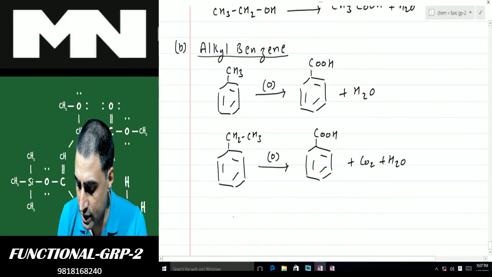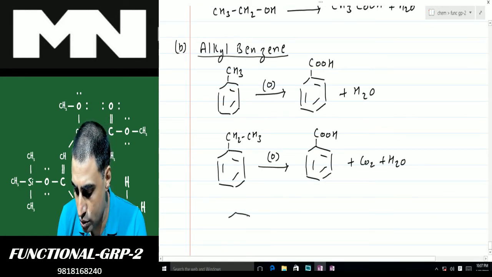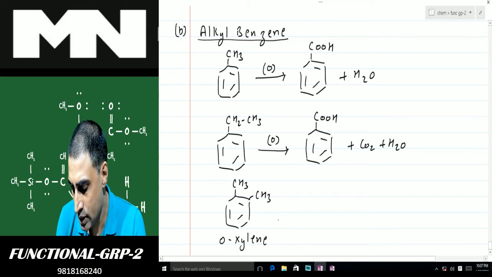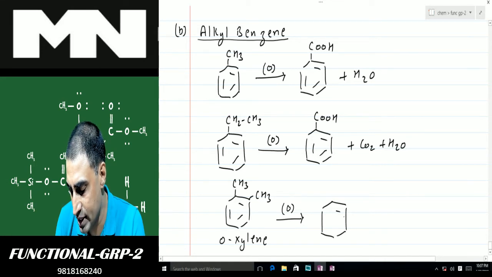If you are carrying out oxidation of orthoxylene, this is orthoxylene. If you carry out oxidation of this compound, you will end up with benzenedioic acid.